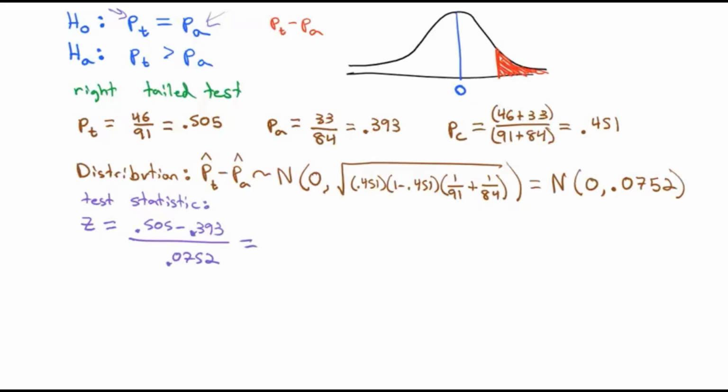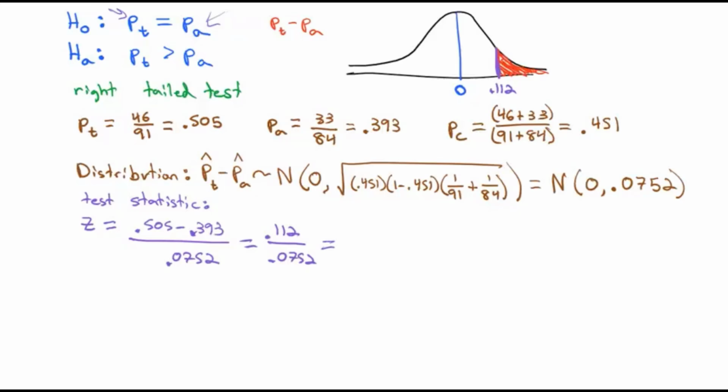Now, just so I can label it on my picture, let's do the subtraction in the numerator. 0.505 minus 0.393. The actual difference is 0.112 divided by the standard error of 0.0752. So on my picture, the actual difference is 0.112.